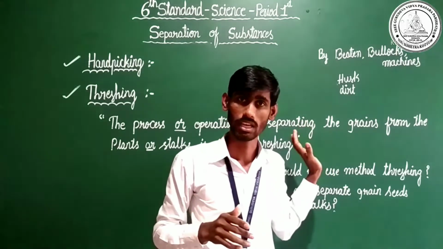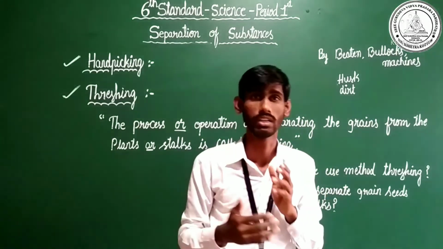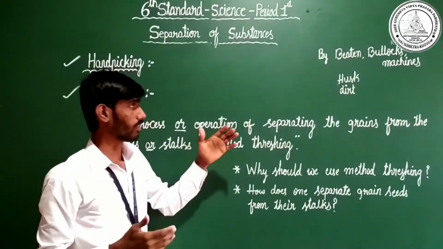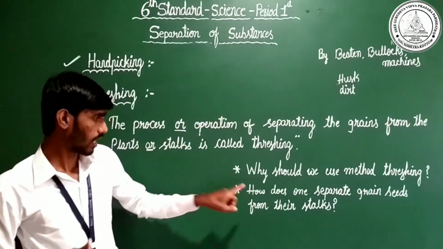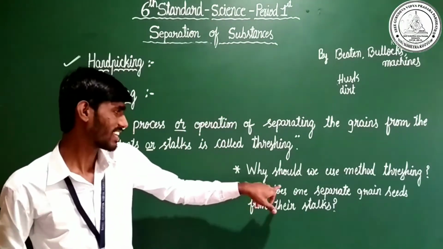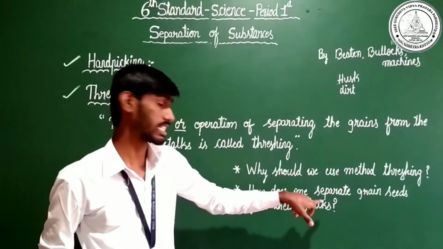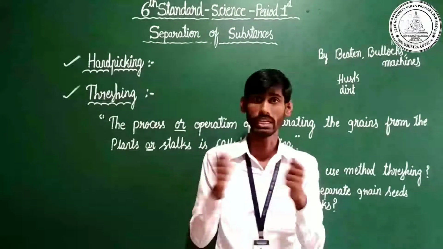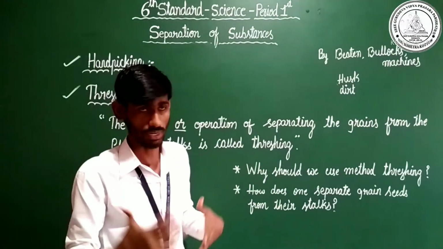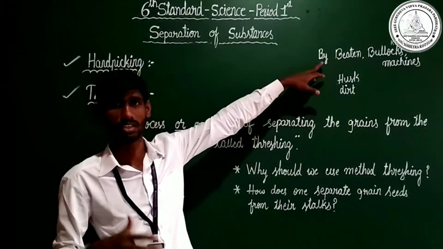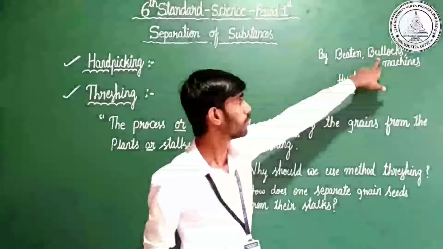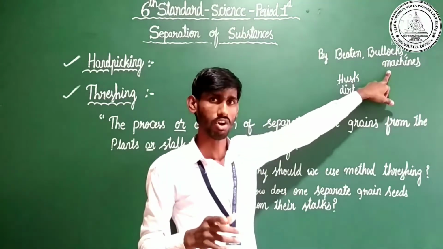This process is used after harvesting. And the second question: how does one separate the grain seeds from the stalks? As I have explained, by beating. In the present situation, the farmer uses very huge machines, not bullock carts.